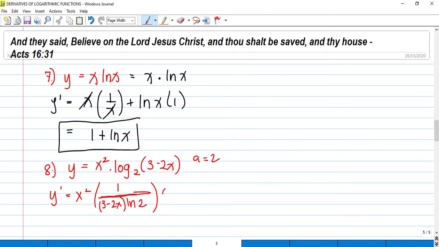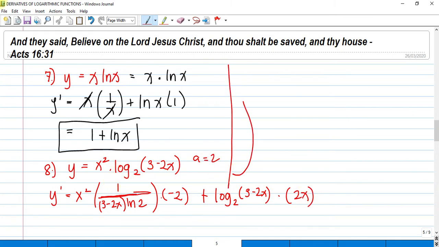The derivative of 3 minus 2x is multiplied to this, and the derivative of this is negative 2. Plus, that is u dv plus v du. Our v is the logarithm of 3 minus 2x with base 2, multiplied by the derivative of x squared, that is 2x.